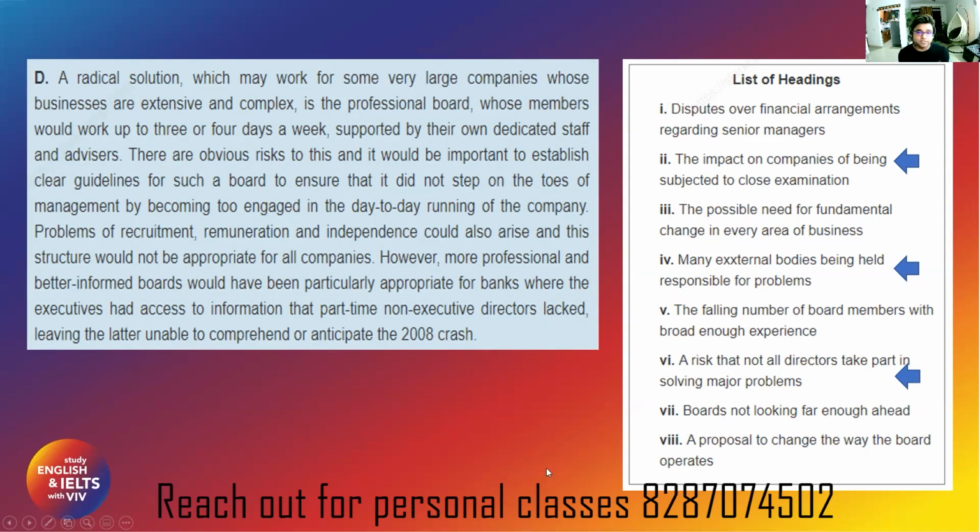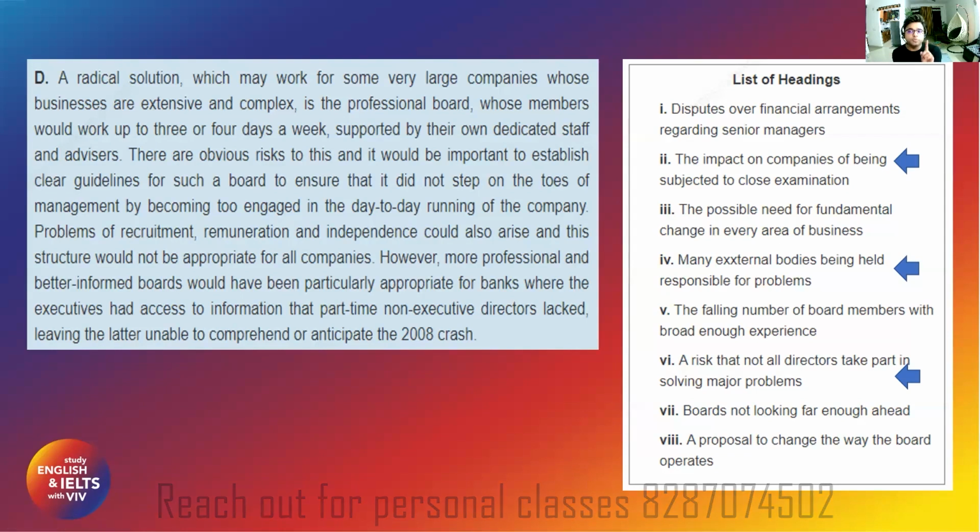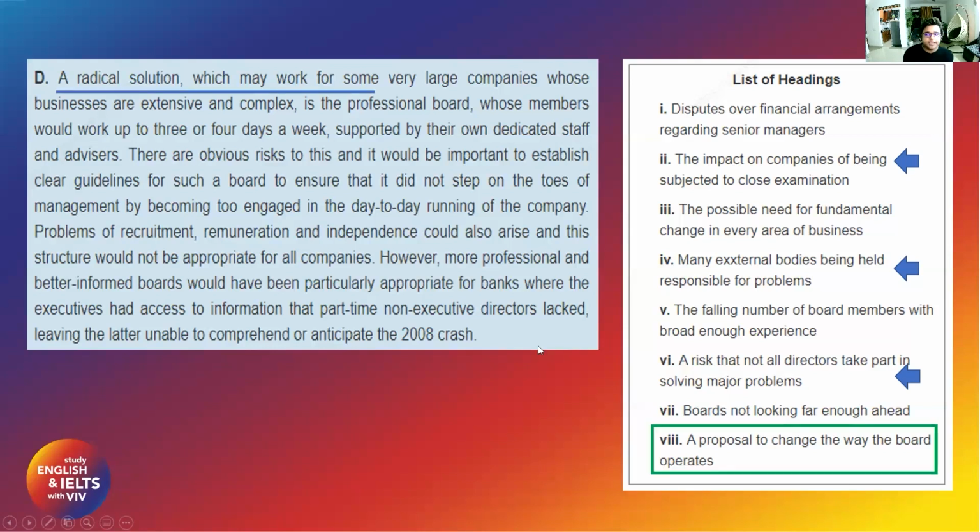So a solution is also a proposal if you look at it, okay, which may work for some large companies whose businesses are extensive and complex, is the professional board whose members would work up to 3 or 4 days a week, supported by their own dedicated staff and advisors. It is giving a proposal to change the way the board operates, which is why the answer for this would be 8, right? Because it is talking about a radical solution, right?